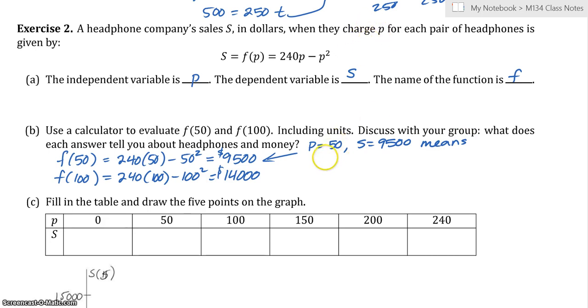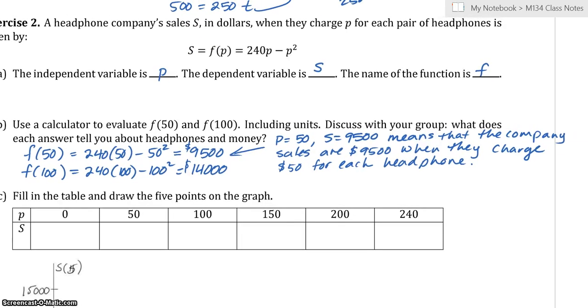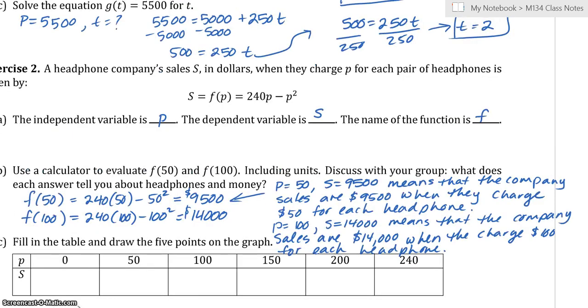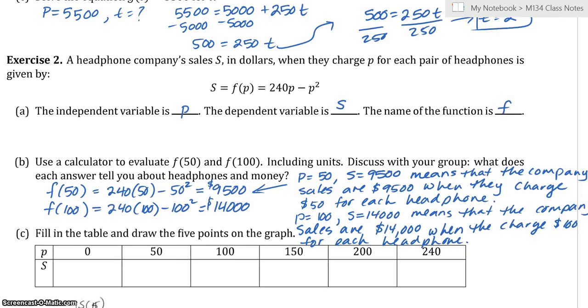So if they charge $50 for each pair of headphones, the company's sales are going to be $9,500. Or you can say it the other way around. The company's sales are going to be $9,500 when they charge $50 for each headphone. Similarly, the second one means that the company's sales are going to be $14,000 when they charge $100 for each headphone, or when each headphone costs $100.